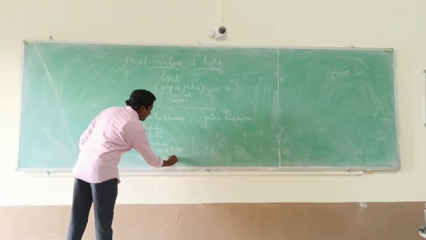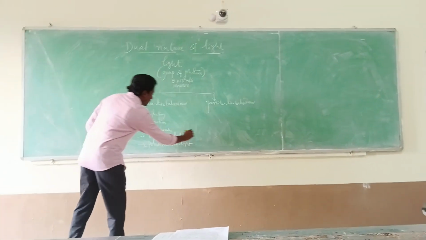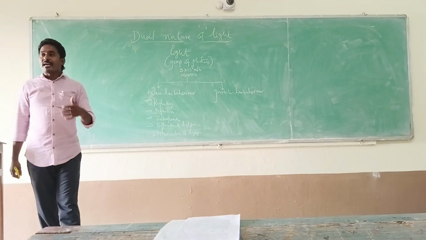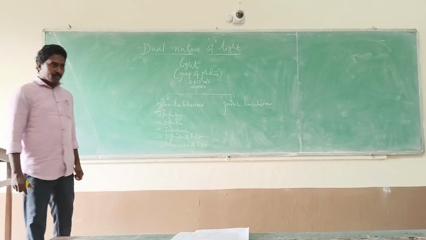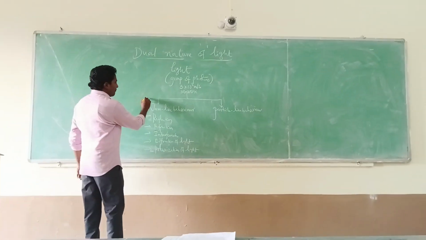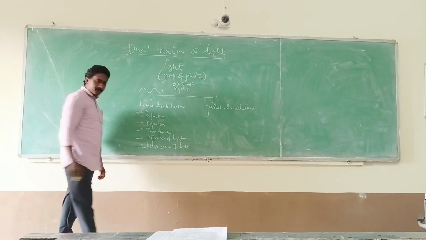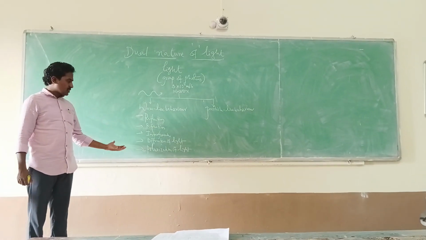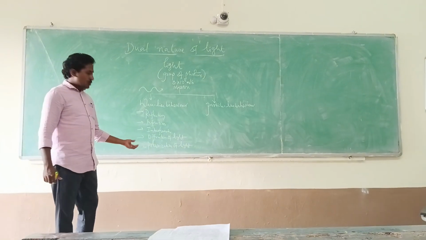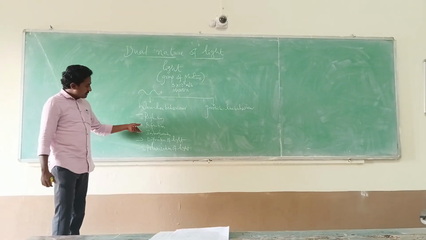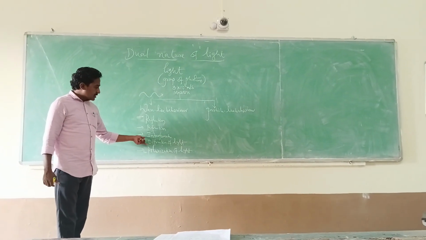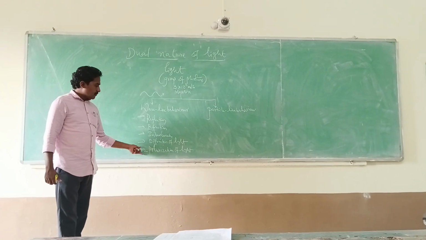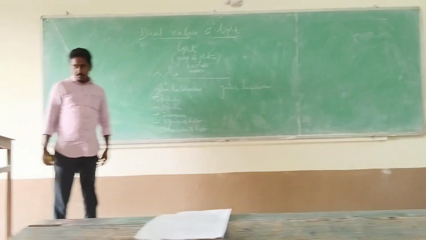These all confirm the wave character of light. So light exhibits wave behavior in reflection, refraction, interference, diffraction, and polarization. Now suppose we have the interference concept, diffraction of light, and also polarization of light.